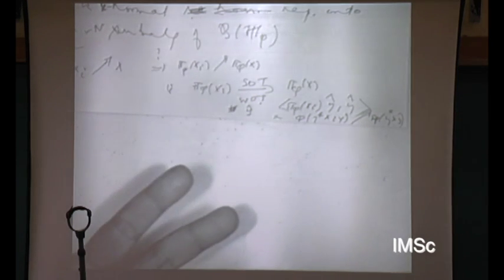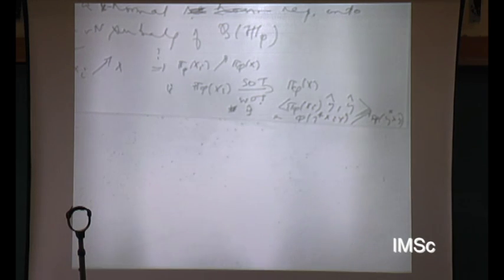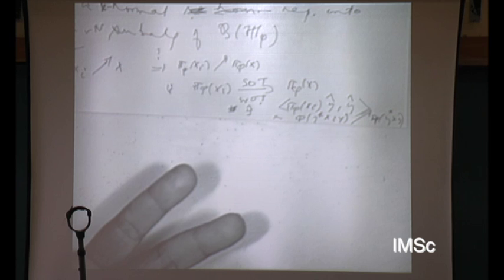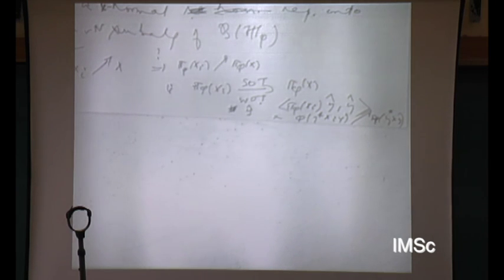M is a von Neumann algebra. It is sigma weakly compact. And pi phi is sigma weakly continuous. So that means the unit ball of pi phi M must be sigma weakly compact.